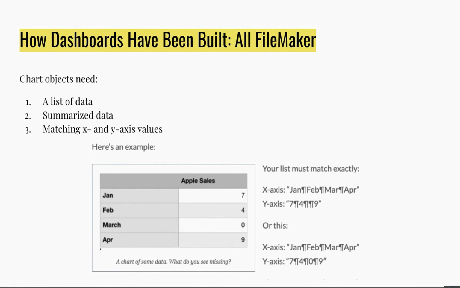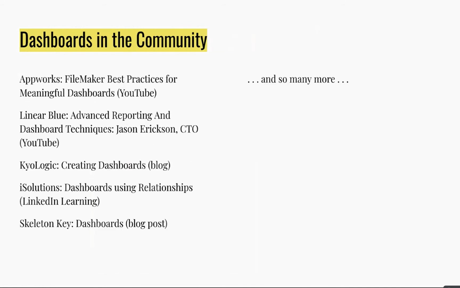Yes, it can handle summarized data as far as using summary fields and sorting. And if you place a chart in a certain part on a layout, it will chart different parts of the data or chart different data. But in essence, we are working with lists, and we're passing to the chart object a list of data.